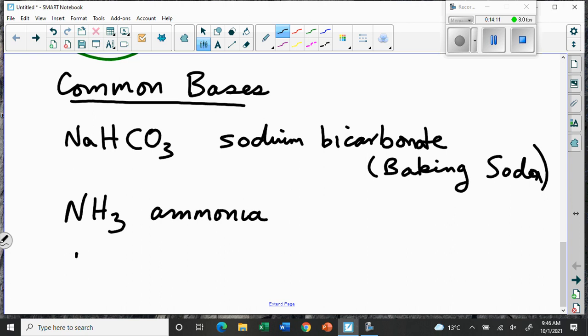Bleach. Bleach is a very strong base. Bleach is usually made with a polyatomic ion. It's usually sodium hypochlorite. Sodium hypochlorite. Remember chlorate.